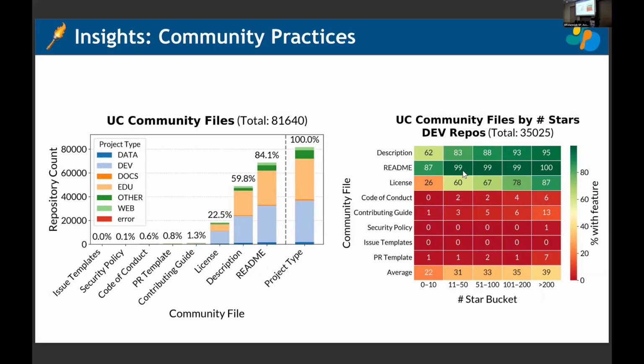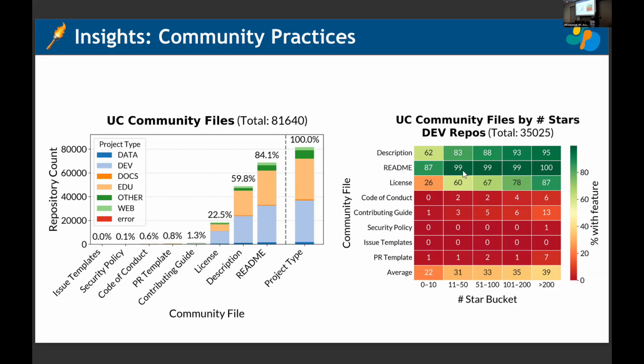So in terms of community practices, which I call sustainability, because I think a project is more sustainable when it has good open source practices that are going to help them engage better with the community. We see that README is a very popular thing to have in your repository. We're not that concerned about that.